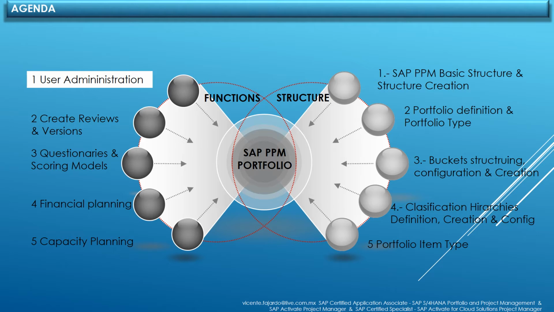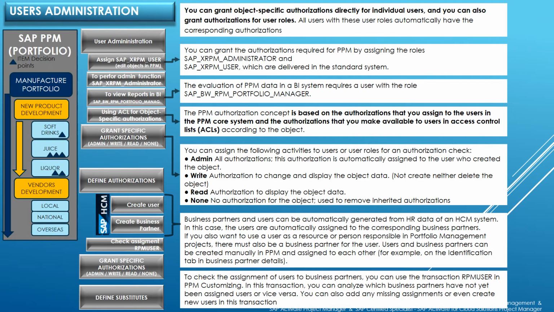Let's start with the first function, user administration. Regarding user administration, I want to say that authorizations are inherited in a top-down manner. That means that authorizations that you grant at portfolio level will be inherited by the lower elements.